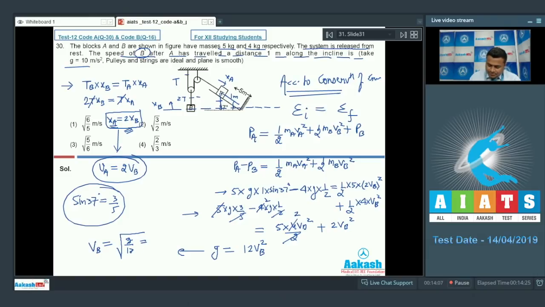That is under root 10 by 12, or further it can be written VB as under root 5 by 6 meter per second. So we can say that option number 3 is absolutely correct, so we will go with option number 3 only. Third option is the correct one. Now move on to the next.